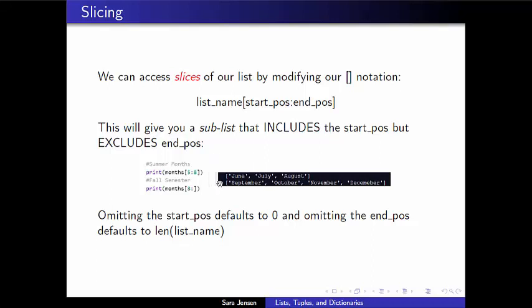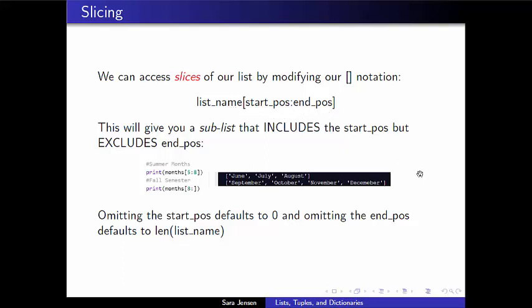What this will do is create a new list, namely a sublist of our original list, and the list that we create begins with the value inside of our original list at the starting position, and this index is actually included, and then our new sublist will contain all the values inside the original list up to, but not including, the value in our original list at the ending position.